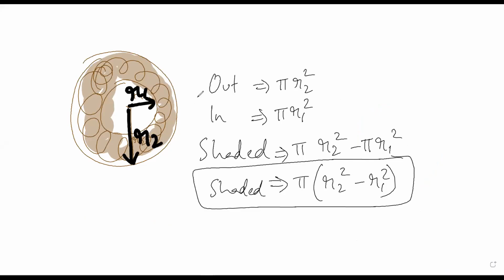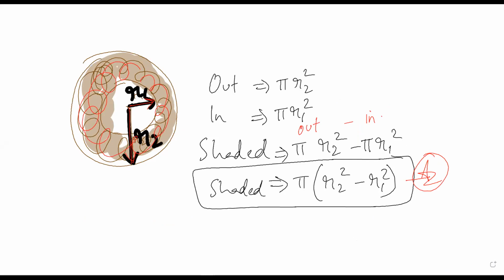Okay. Have you understood the formula? Yeah, sir. So for example, if this is the inside radius and this is the outside radius, then the area of the shaded portion would be outside area minus the inside area, and that is why this is the formula. Satya, are we clear till here? Yes, sir.